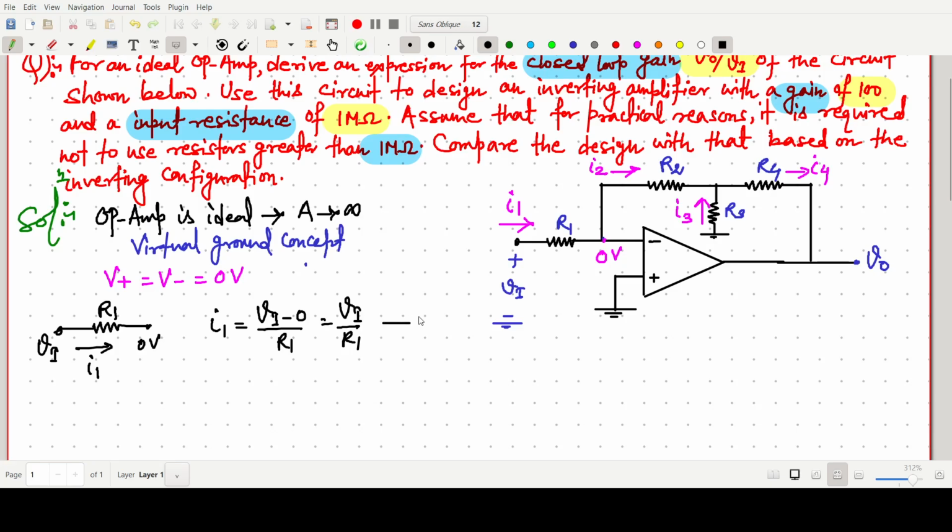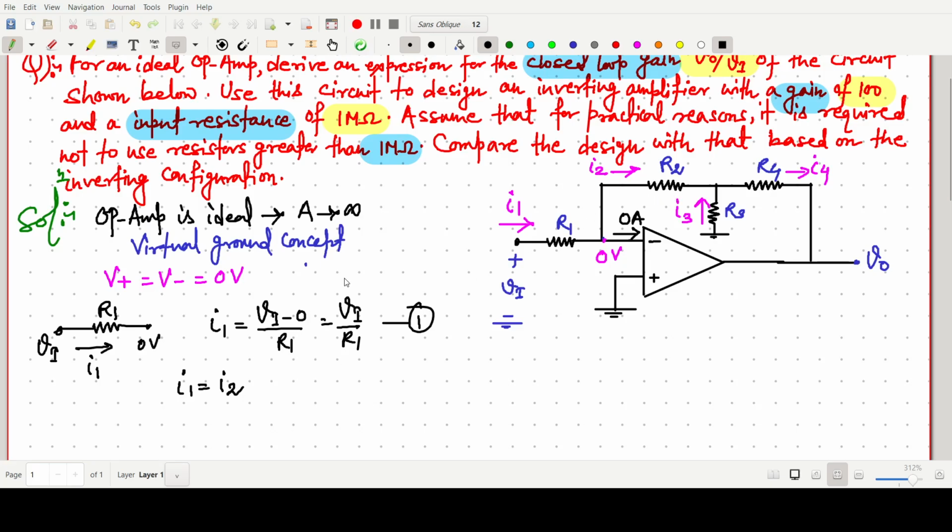Say this is equation number 1. There will be no current flowing through this, due to very high input impedance. So I1 is the same as I2, because all the current will go like this.